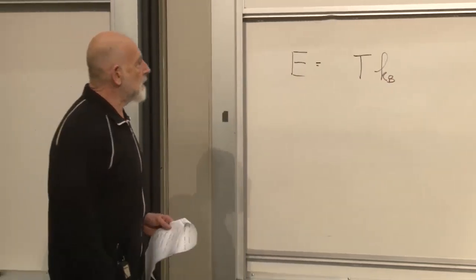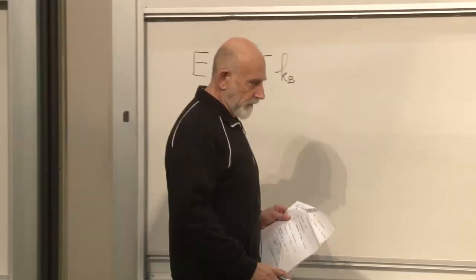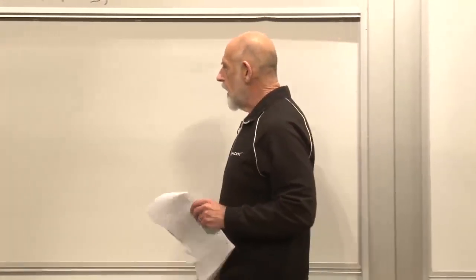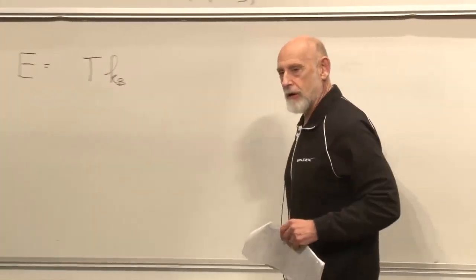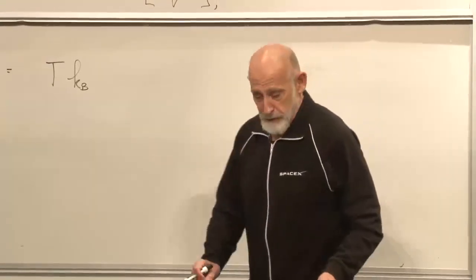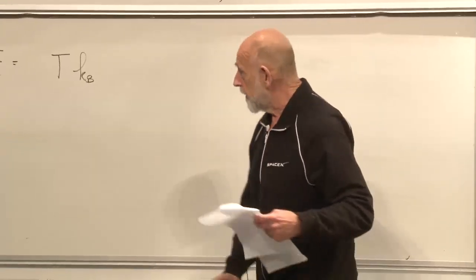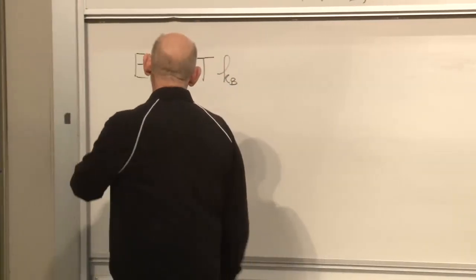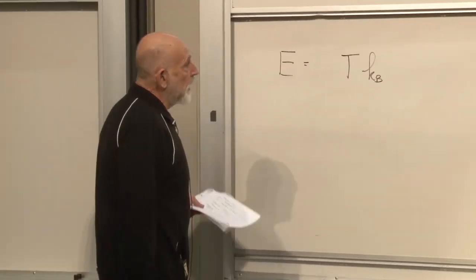The Boltzmann constant is just a conversion factor. I'll keep it around, but for our real purposes, temperature is an energy and it has units of energy. K Boltzmann is just some historical relic that we could easily set equal to 1 and not lose anything. I'll keep it around just because it's traditional. So apart from this K Boltzmann, temperature has units of energy.